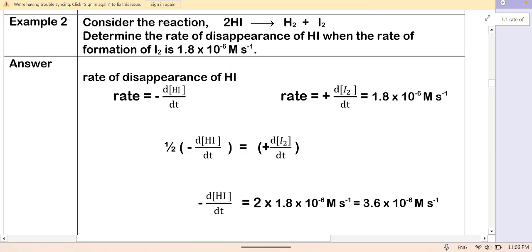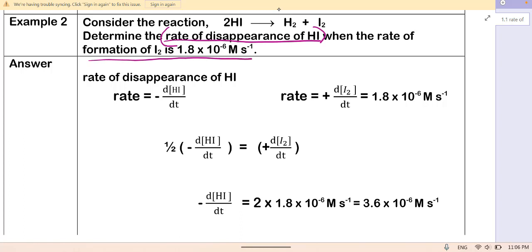Consider the reaction. Given the equation, but here we don't have any physical state, so we assume all of them are aqueous or all of them are gas. So we consider everything. Determine the rate of disappearance of HI when the rate of formation of iodine is 1.8 times 10 to the power of negative 6 molar per second.